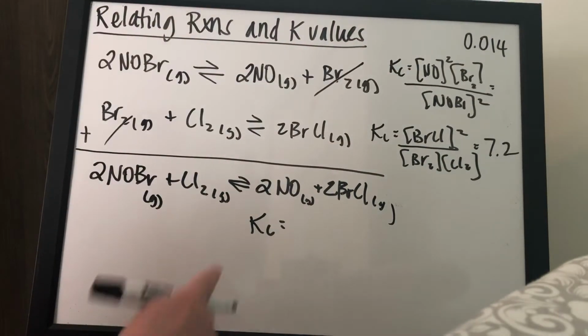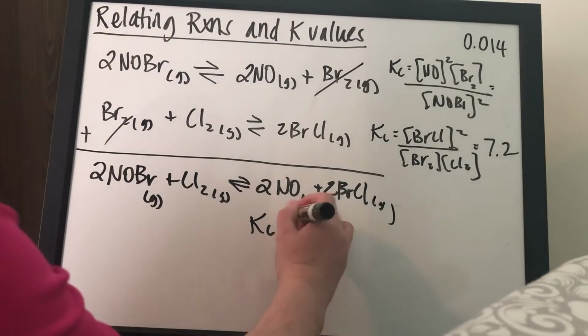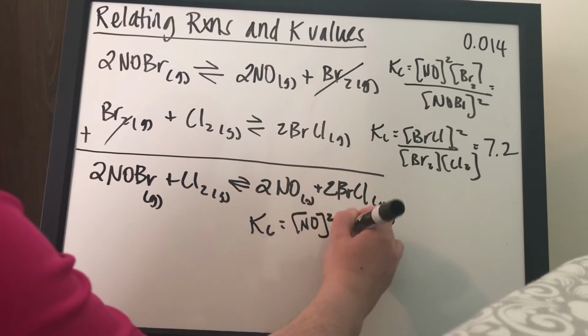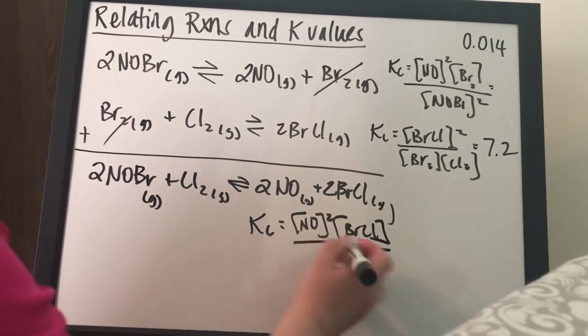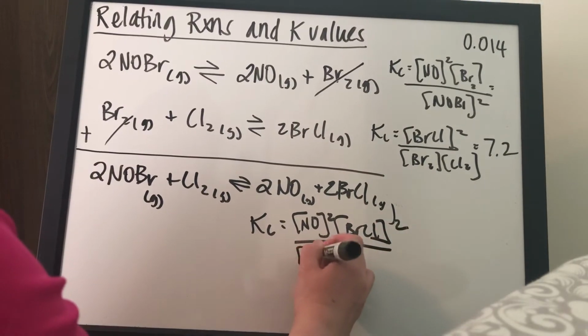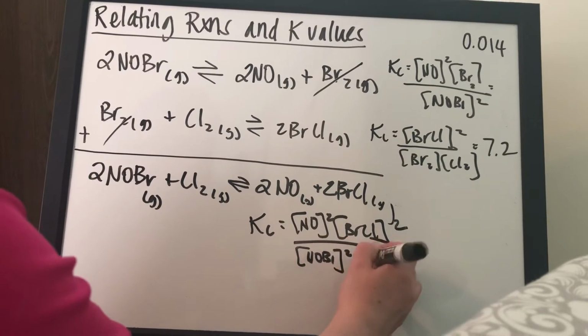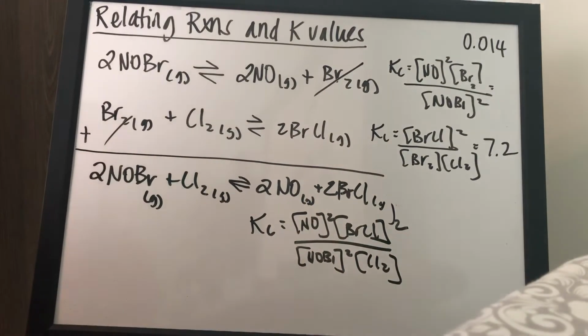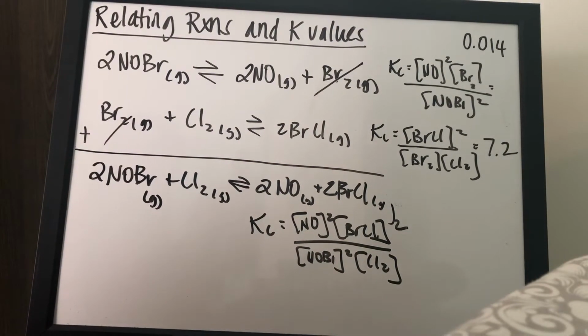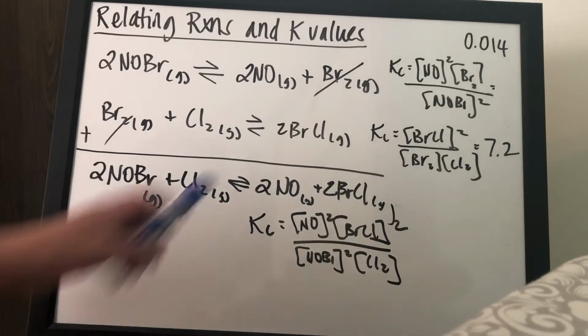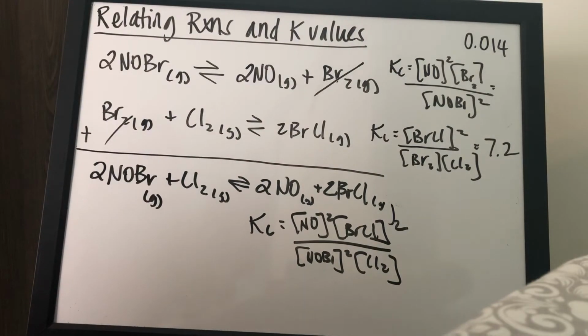Then we're going to write the Kc for this reaction, which would be my products squared over my reactants. If I look at my Kc, it doesn't really resemble either of these two things until I inspect it a little bit closer.